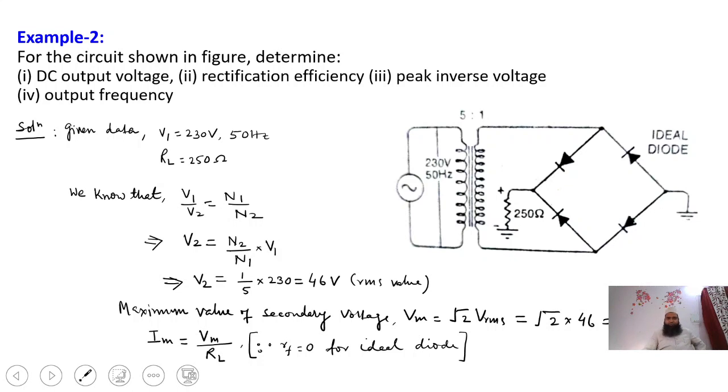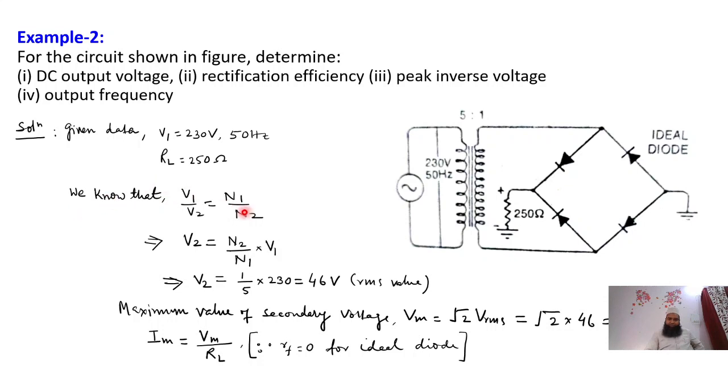Now the second problem on bridge rectifier. This is the circuit, and for the circuit shown in the figure, determine DC output voltage, rectification efficiency, peak inverse voltage, output frequency. We have given data V1 equal to 230 volt, 50 Hz, RL load resistance equal to 250 ohm.